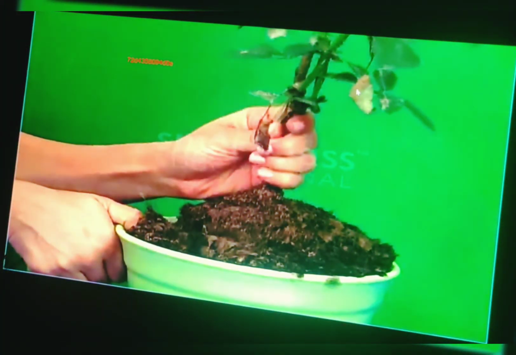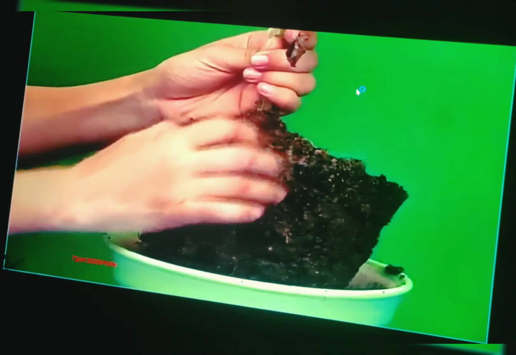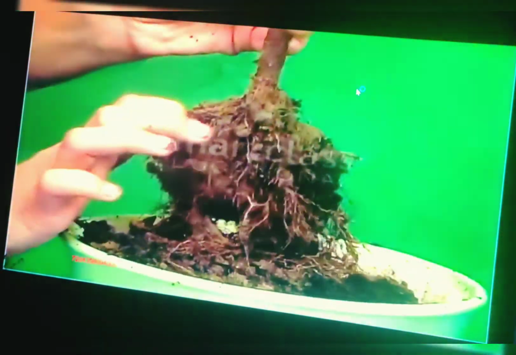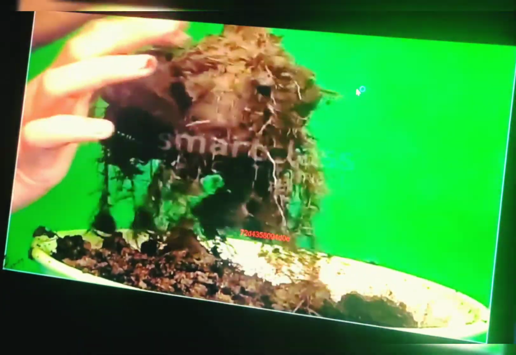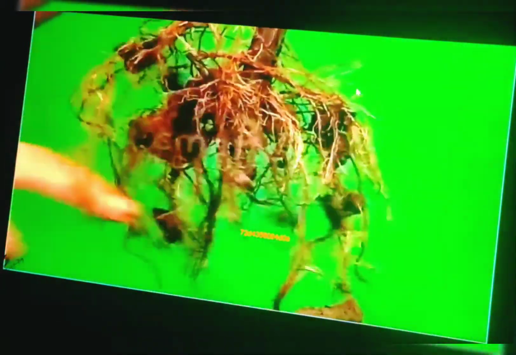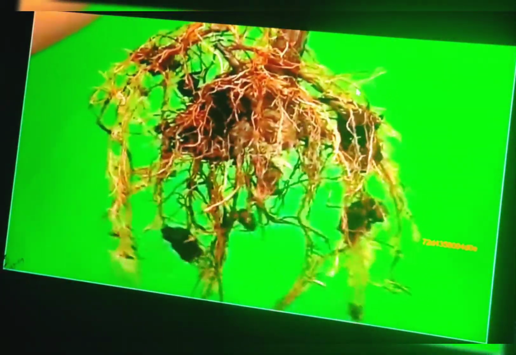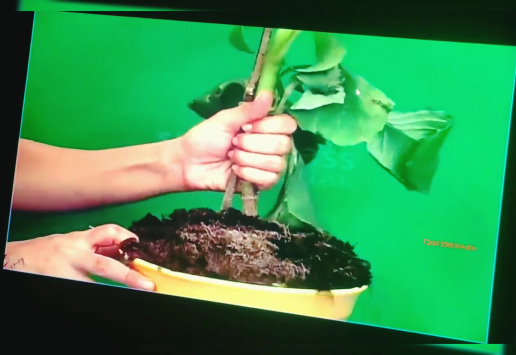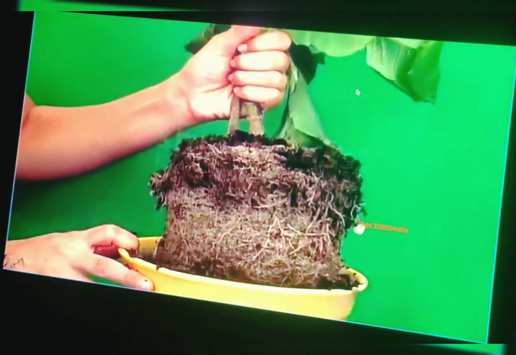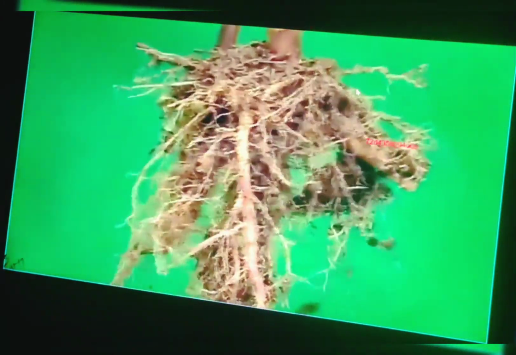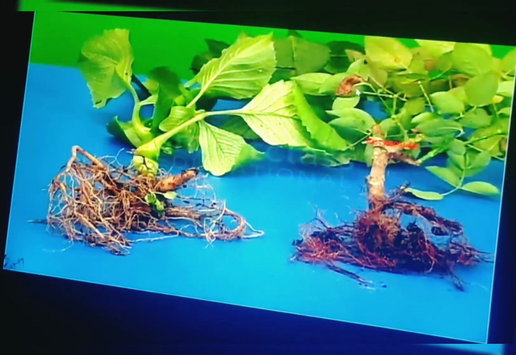Remove the soil from the roots so that the clear structure of the roots can be viewed. Observe the structure of roots that each of these plants have.